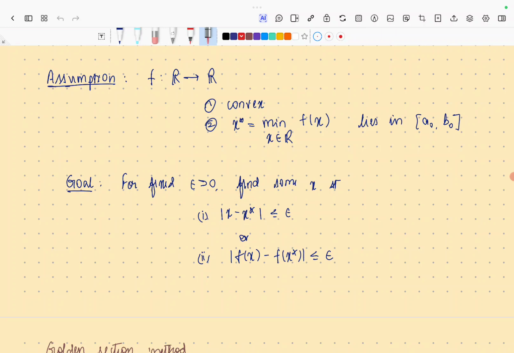So we'll declare that the algorithm is successful if after a certain period of time, whatever the running time of the algorithm is, I get an x such that x is epsilon close to x star. Okay, that's the objective. Okay, is the setup clear?